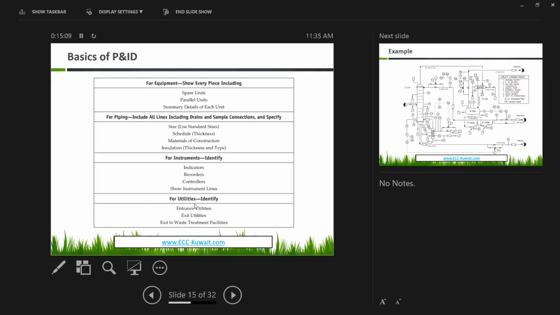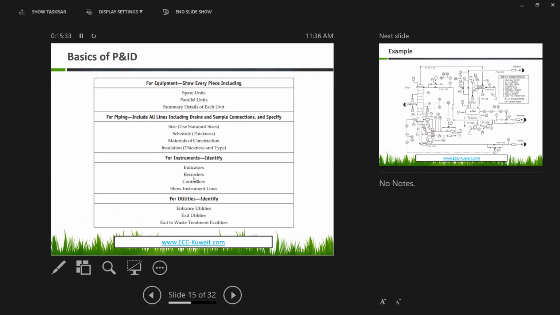Okay, the basic information that should be included in the piping and instrumentation diagram, as I told before: the spare units, parallel units, summary details of each unit. For piping, the size, the schedule, material of construction, the insulation.